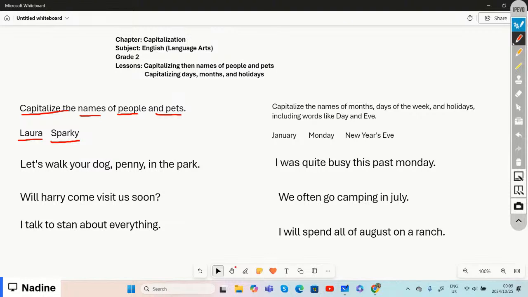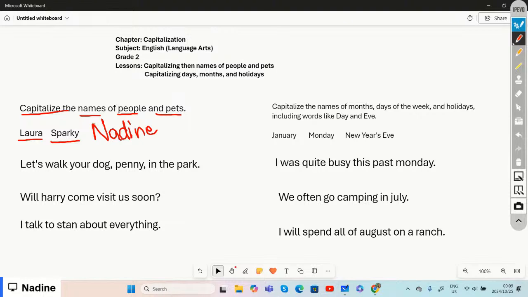So once again, before we go on to our little activity, we need to capitalize the names of people and we need to capitalize the names of pets. For example, if I were to write my name, then my name would be capitalized. I need to write my name with a capital letter.